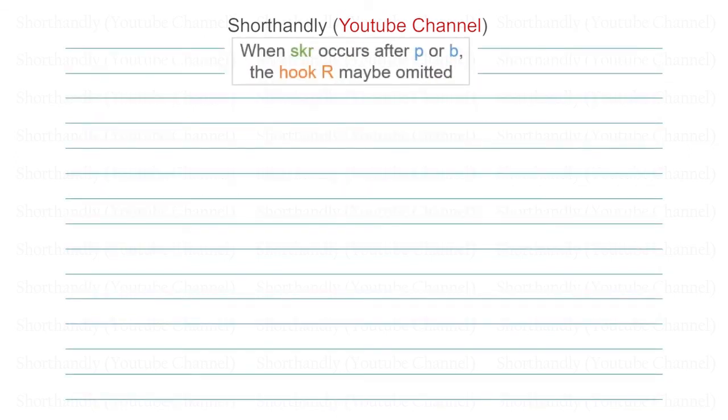When skr occurs after P or B, the hook R may be omitted. So what does this mean? It's saying that if we have a word where skr comes after the consonant B or P, then in that case we can skip making the R hook for that word. So to understand this, let's take an example.